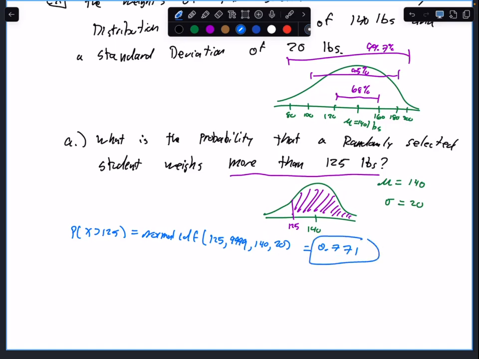About a 77% chance. There's about a 77% chance that I pick a random student and they weigh at least 125 pounds. The probability is 0.771. I prefer you just leaving the answer as 0.771. A lot of times in context, people like to write it as a percentage and say 77%. You might want to say 77.1%, but that sounds weird sometimes, so people will just say about 77%.